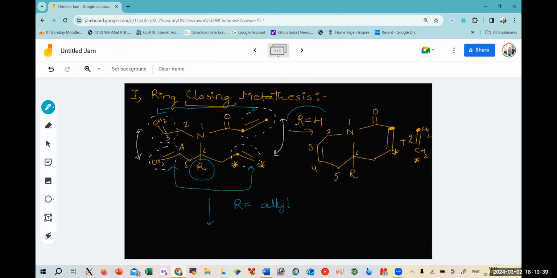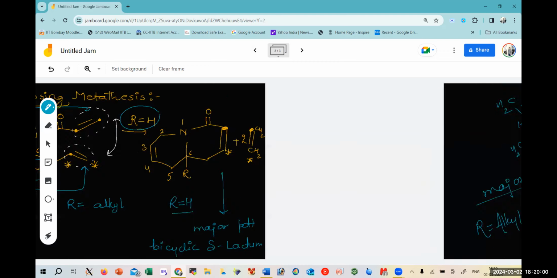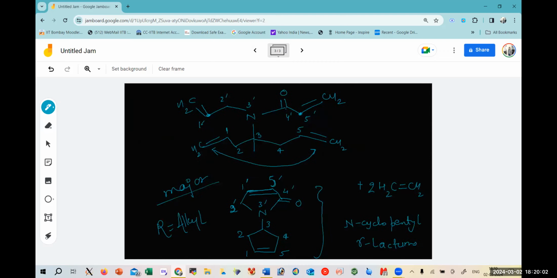you have a group R equal to H, then this is your major product, which is nothing but a bicyclic delta lactam. Because this is a bicyclic group and the other one is an N-cyclopentyl kind of lactam.